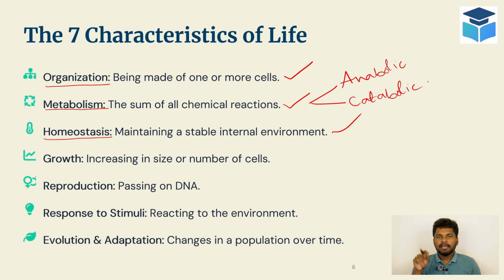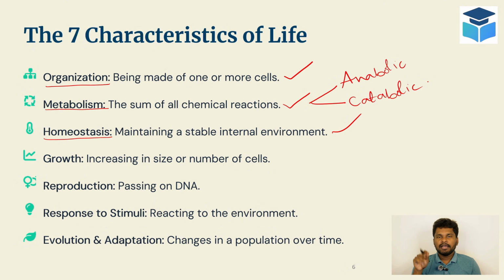This is what is called cell organelles. Mitochondria, Golgi apparatus, endoplasmic reticulum, nucleus, cell wall, cell membrane, all these things are nothing but cell organelles. These cell organelles unite together and start functioning as a whole unit, which is the cell.